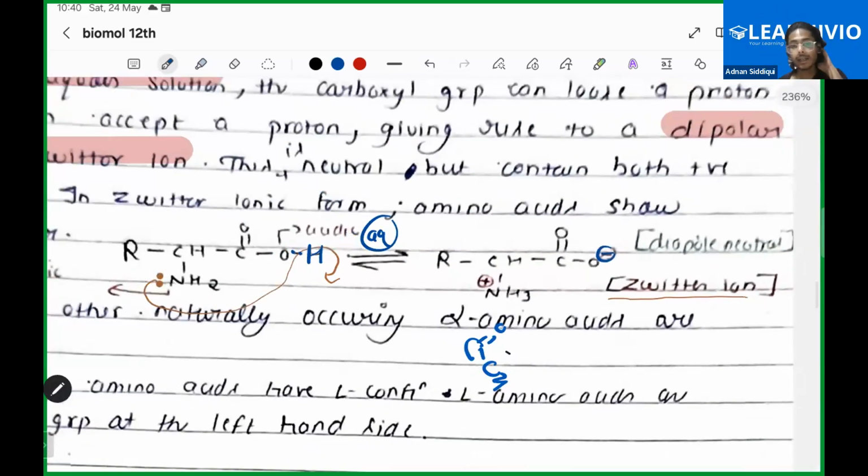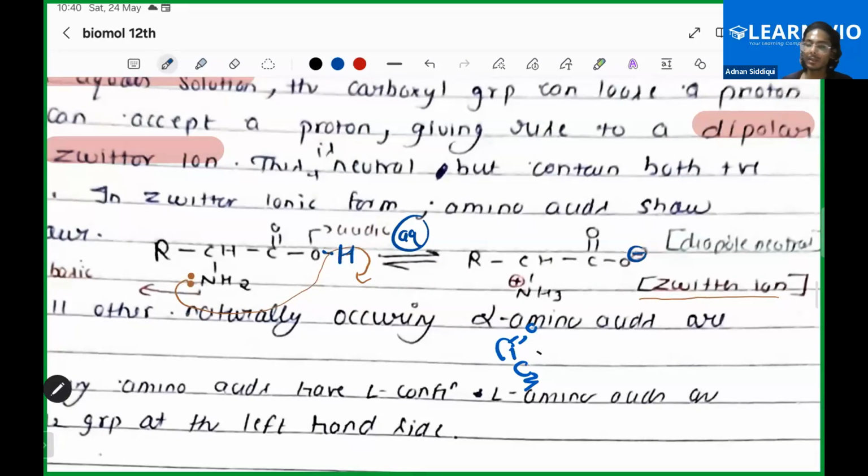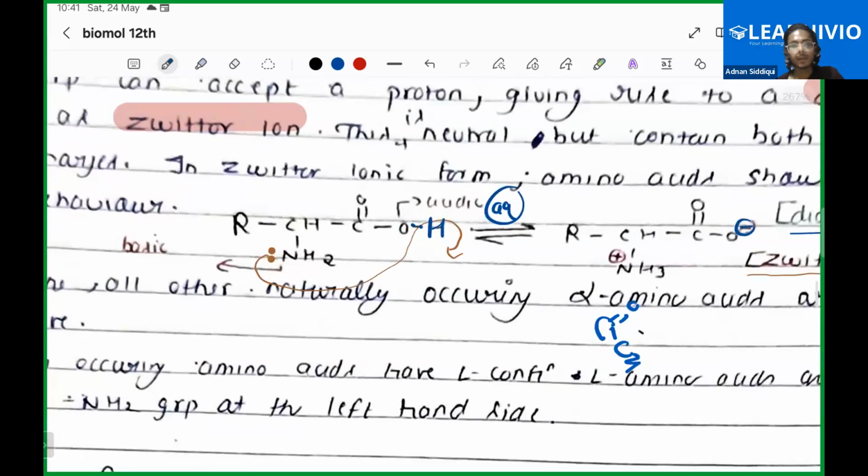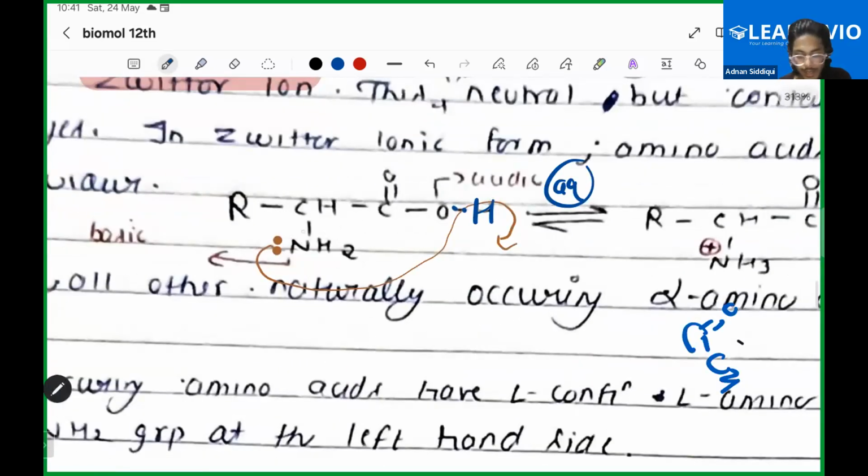Ultimately, because the negative and positive charges are equal, it is neutral. It has both charges, but still it is neutral because the amount of positive charge is equal to the amount of negative charge. Why did this happen? Because NH2 can act as a base and carboxylic acid can act as an acid.